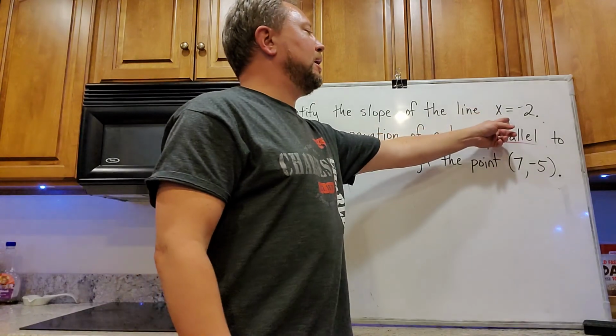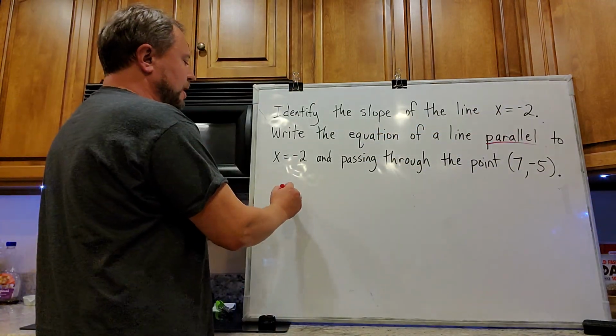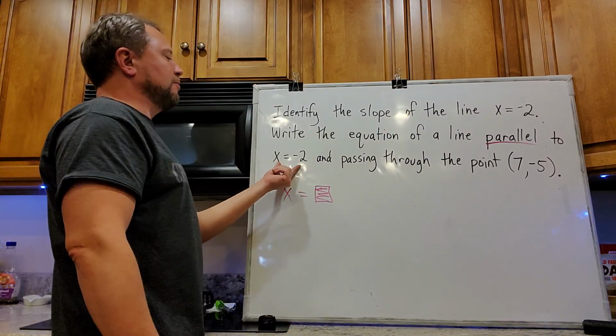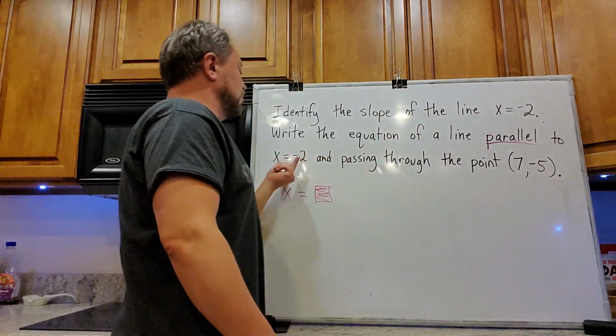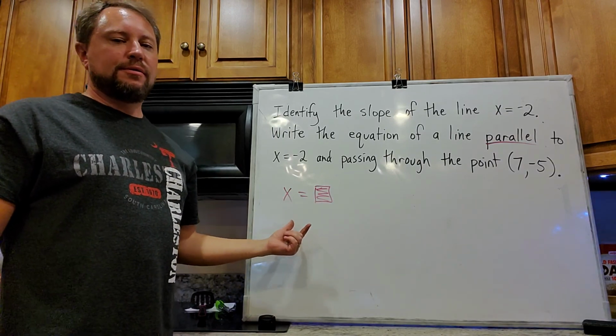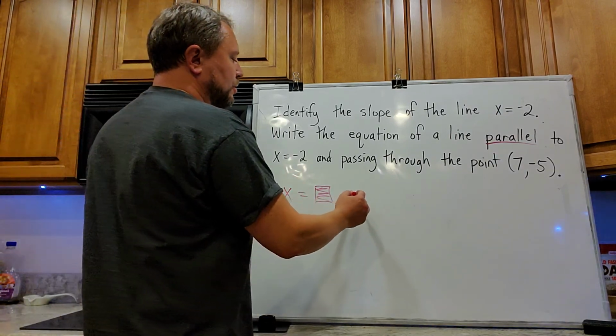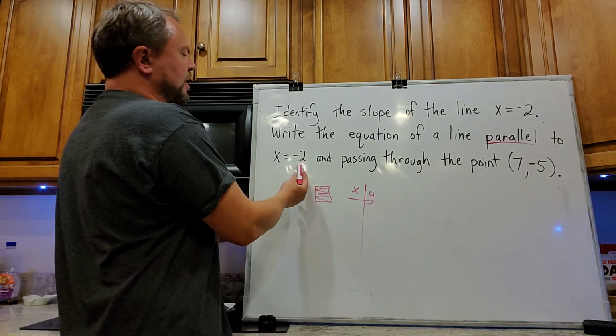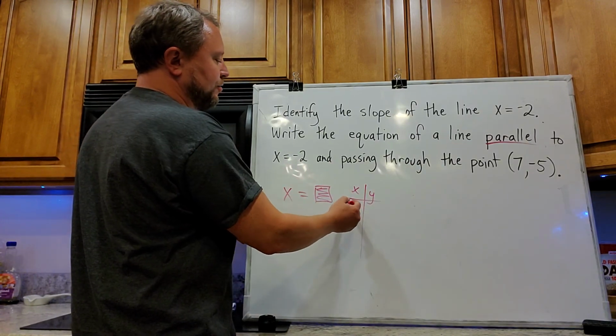So any line, remember, with the format x equals blank, like we have here, x equals -2. Do you remember what kind of line it was? Again, it's essentially saying that the x values are restricted to -2.